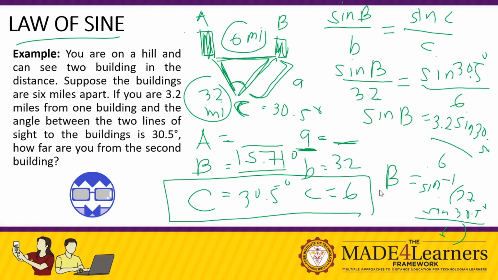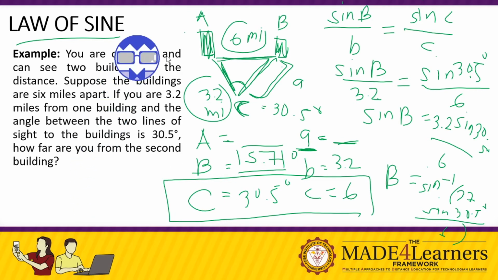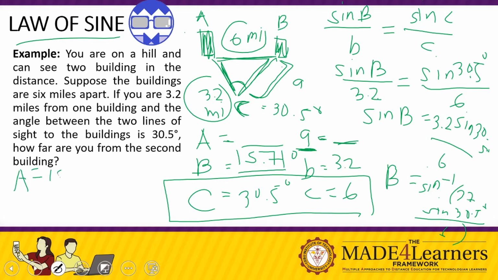Next we'll solve for angle A. So how do we solve for angle A? Angle A is simply the difference. To find A, we have 180 minus 30.5 minus 15.71.